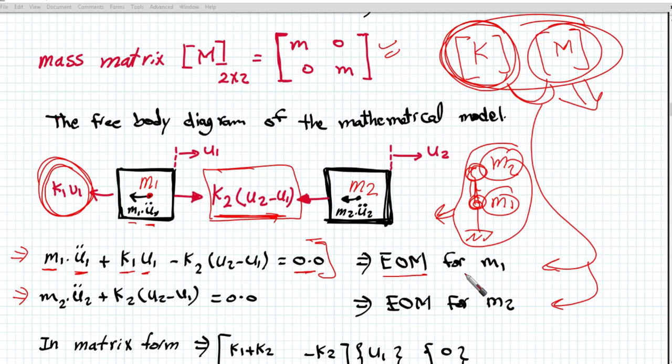This is the equation of motion for mass 1. For mass 2, we have only two forces being applied there: M2 U2 double dot plus K2 times (U2 minus U1) equal to 0. And this is the equation of motion for M2, right? So this is what we are having here.